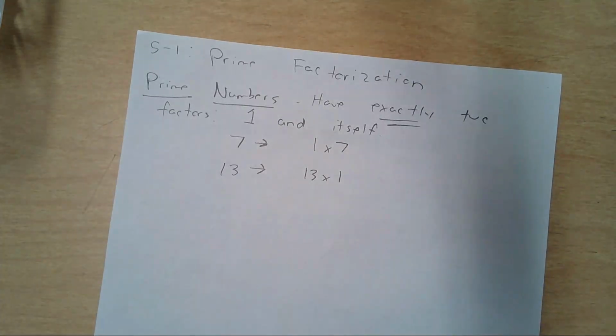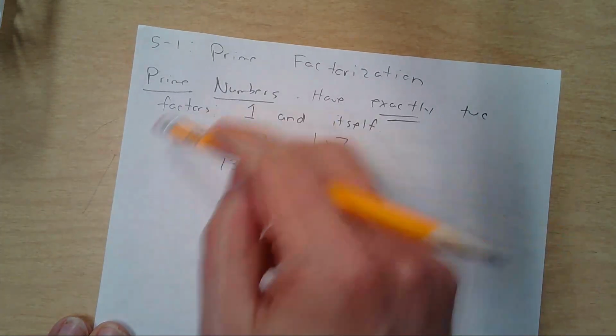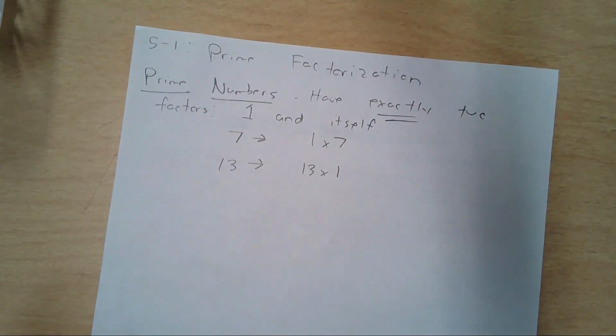So these are examples of prime numbers because the only multiplying combination that exists to get this for an answer is whatever that number is times 1. There's no other way using whole numbers to multiply and get these answers. Agreed?